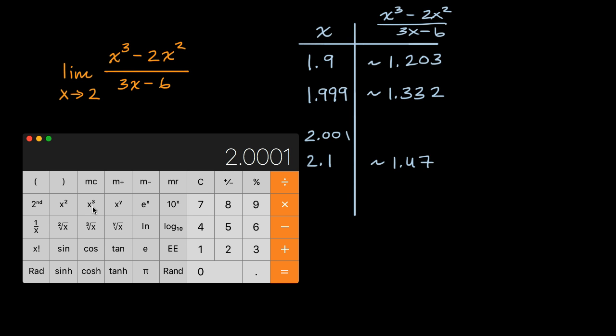2.0001 to the third power minus 2 times, open parentheses, 2.0001. So we're getting really close. Squared, close parentheses, is equal to, so that's my numerator, divided by, open parentheses, 3 times 2.0001 minus 6, this is my denominator, is equal to, notice we're getting closer and closer and closer to 1 1/3. 1.3333, now 5.